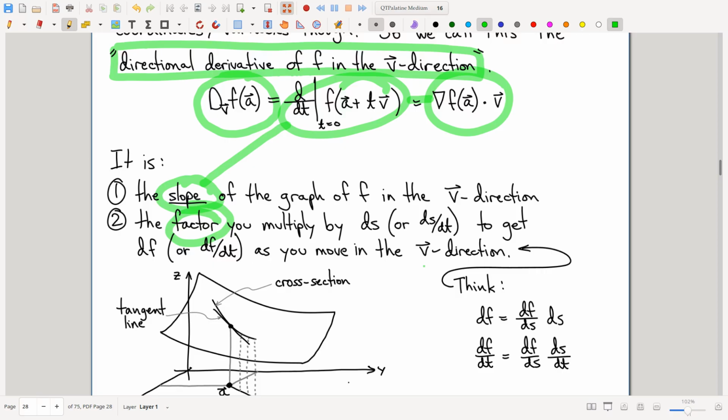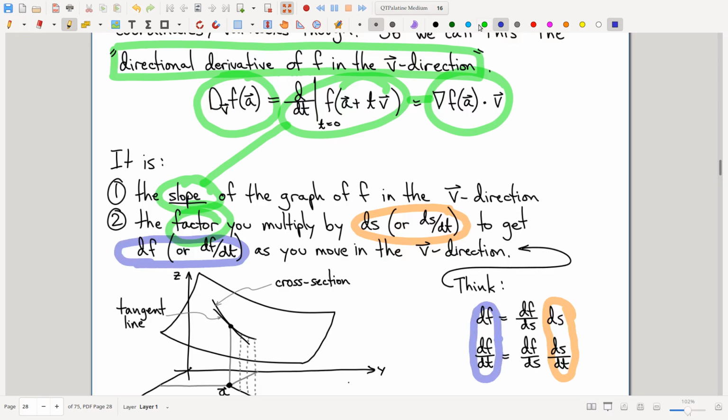They're also the multiplicative factor, and now I'm going to make the observation that what you would multiply by ds or ds dt to get df or df dt, let's strategize here.